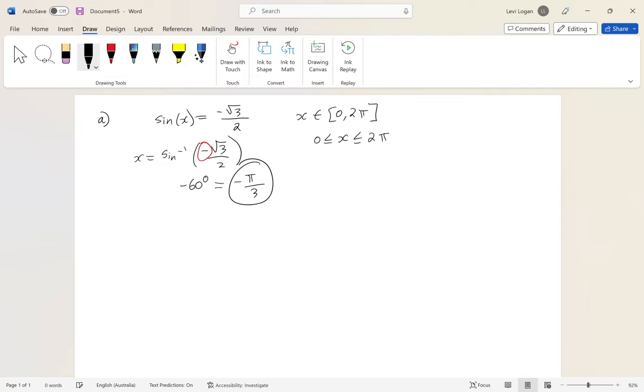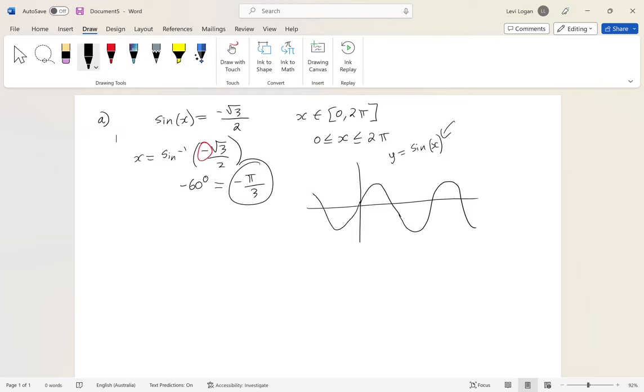Now, what does this number tell us? So basically what we do now is we've got to draw our sine graph. Not this graph up here, just the normal graph y equals sine x. We're going to use this graph and apply our translations to it. So we'll just draw the graph here.